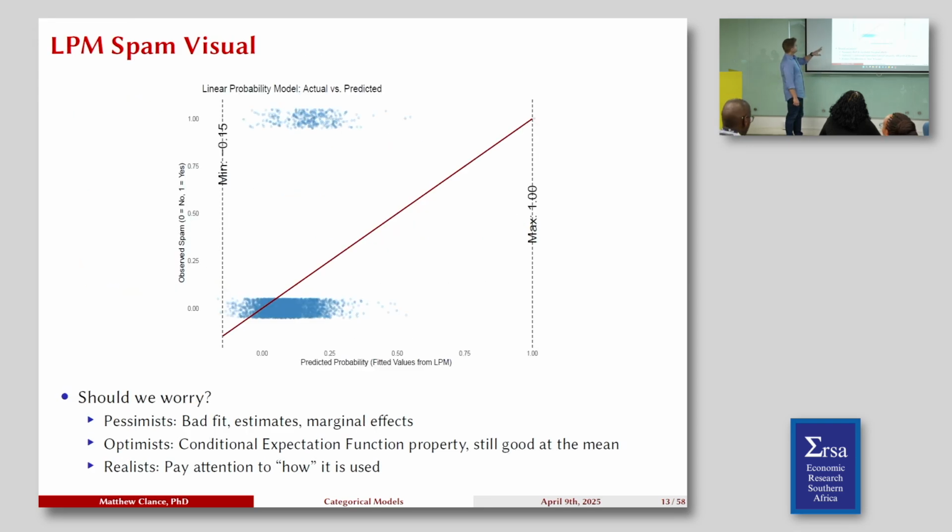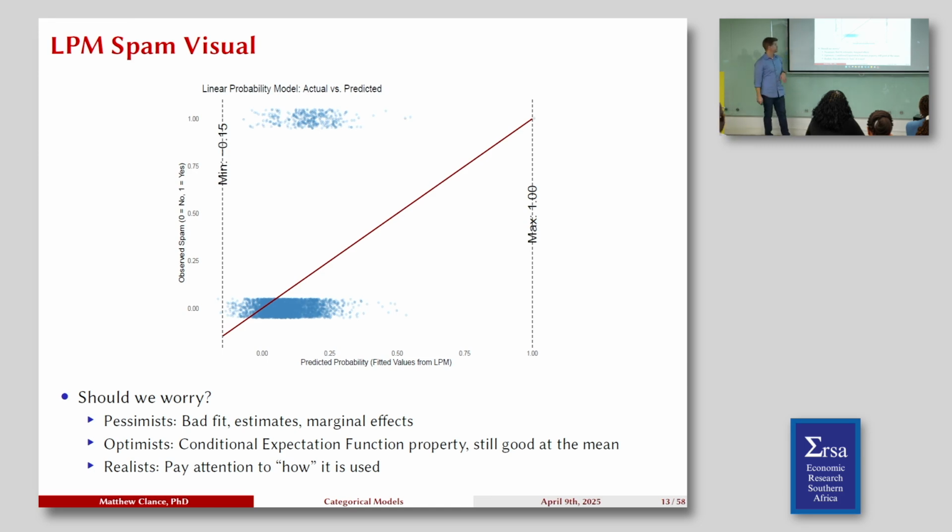If we visually look at the original one I was showing before, the observed spam, yes or no, and then the fitted probabilities from that outcome, I could say this is bad in some sense because the min of my predictions is negative 0.15, but it's only a few of them.